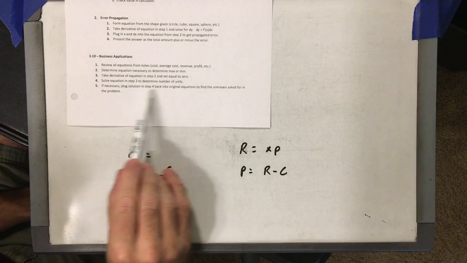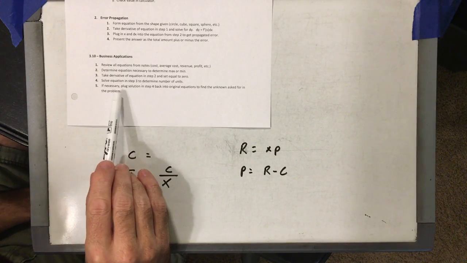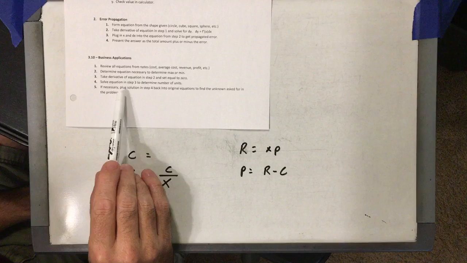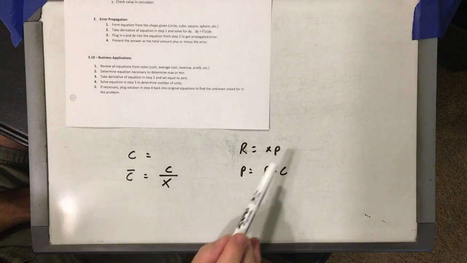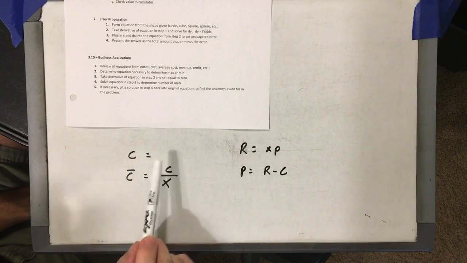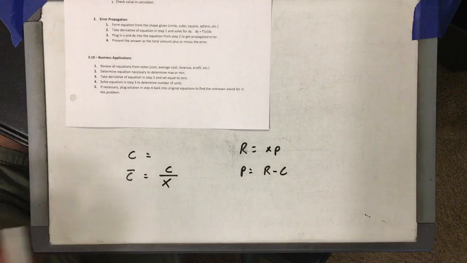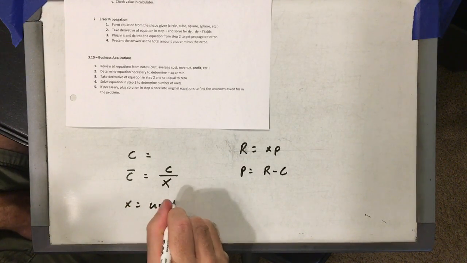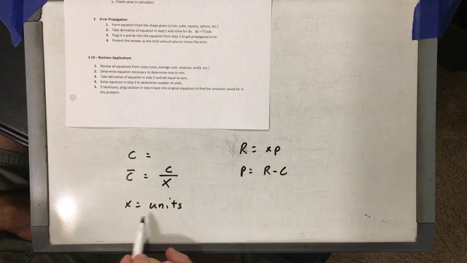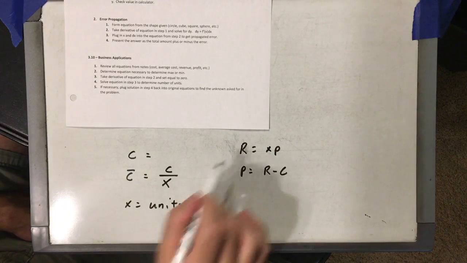Then you got to plug back in. Don't let step 5 get you. I've had so many students get punched right in the neck for this step 5 because they forgot to plug back in to get profit or price or cost, whatever. If it asks for units, that's X. X equals units. If it asks for something else, don't stop there. Don't circle the units. Plug it back in.